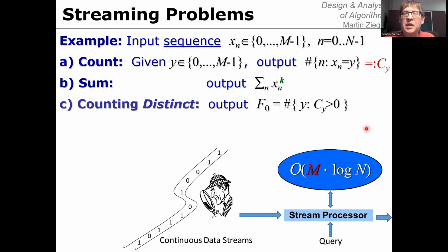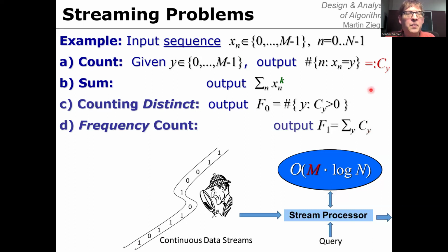But let me emphasize that this is, again, just the first problem in an entire sequence of problems, namely the so-called frequency counting problem. This is the 0th frequency. The first frequency adds all the counts here, but that's just capital N, right? So that's nothing interesting.